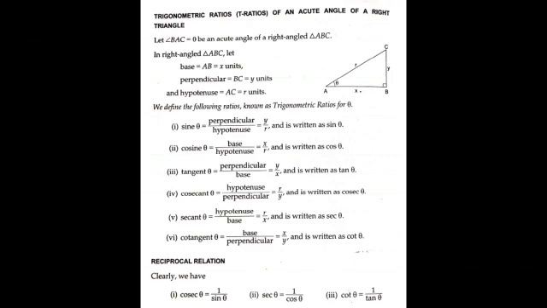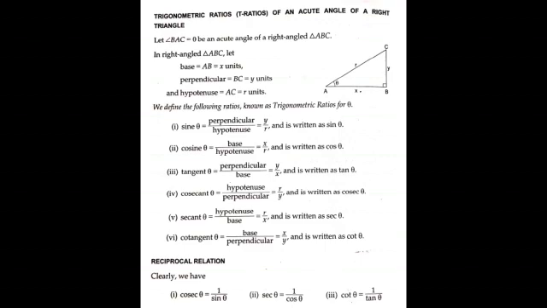It is equal to base by hypotenuse, which is, for the situation given in the figure, x by r, and is written in short as cos theta. Third ratio is tangent theta, which is equal to perpendicular by base. For the given figure, it is y by x and is written as tan theta.